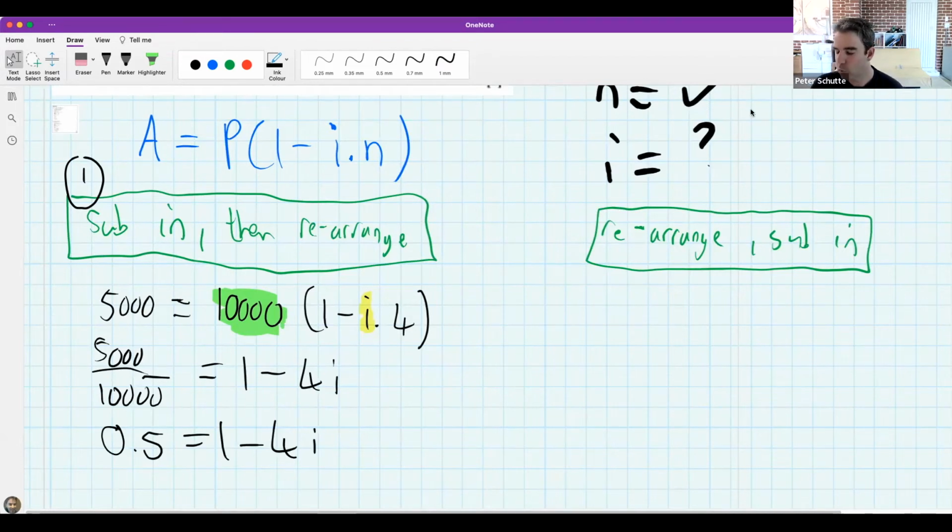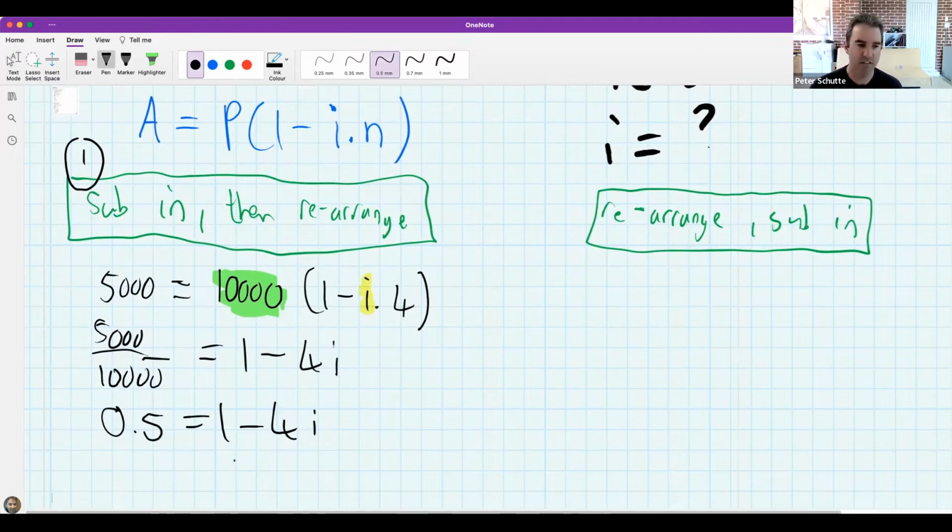So when you deal with depreciation, because you start off with a certain amount of stuff and you lose value, the P value will be bigger than the A value. It's a very good insight. Everyone get that? Because one of the mistakes you can make is you can have the 10,000 going to the wrong place. Because P is your initial amount, and because you're losing value, that's why there's the negative in the formula.